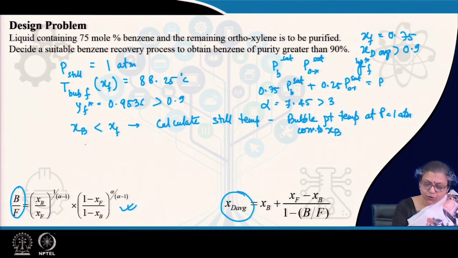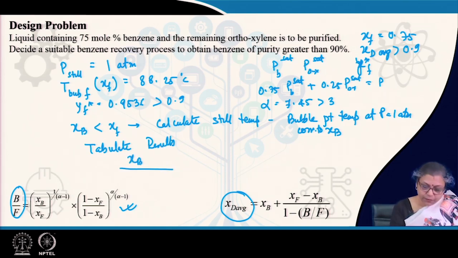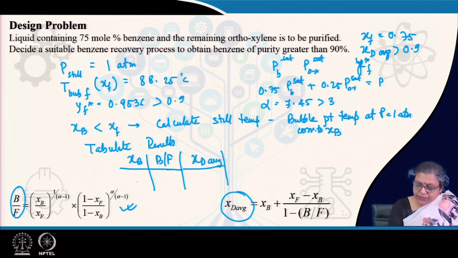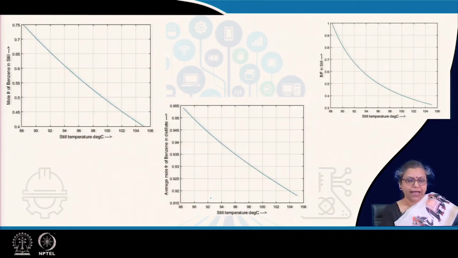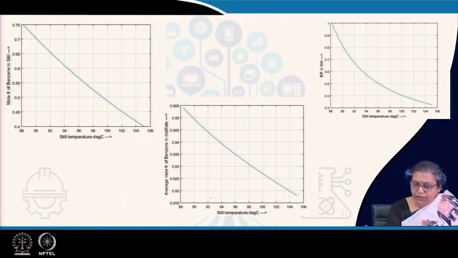Normally, we tabulate the results. We assume different XBs, and for each XB we plot the B by F and the XD average. We keep continuing this till we get an XD average of 0.9. I have just done it and shown the curves here.